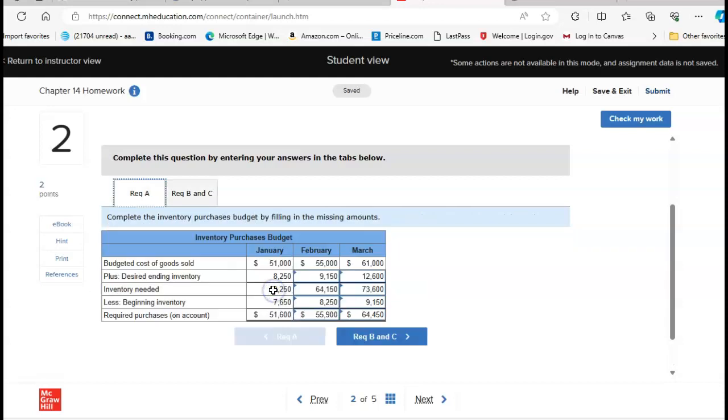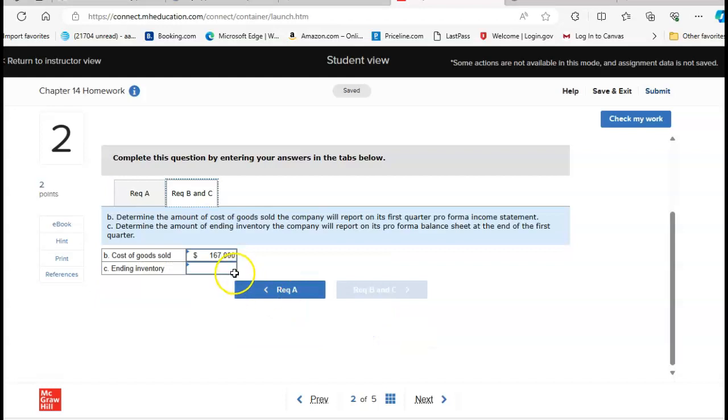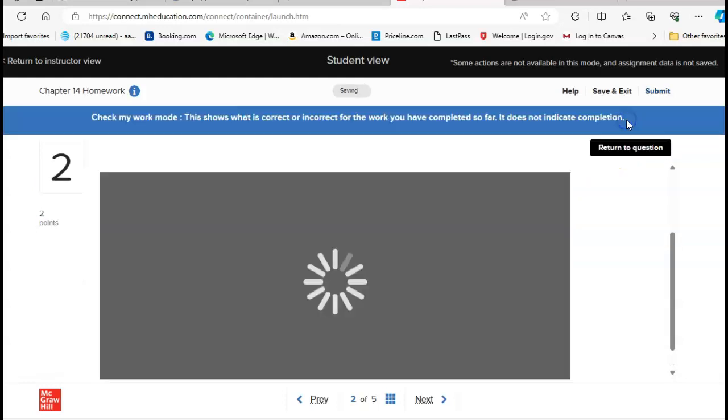And then the ending inventory for the quarter would be the ending inventory for the month of March because March is the last month in the quarter. That amount is 12,600. So 12,600 represents our ending inventory for the quarter. And let's check our work.